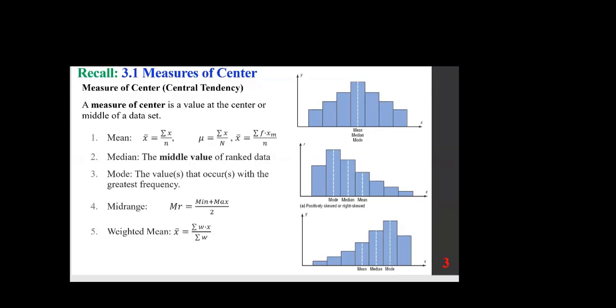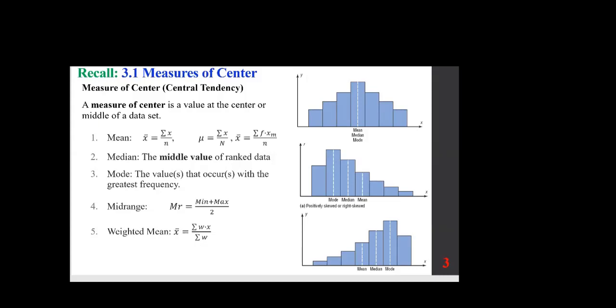Median, the middle of the ranked data, mode, the one with the highest frequency of occurrence. Mid-range is the sum of the minimum and maximum divided by 2. And the weighted mean, which is the summation of the weights times the values divided by the summation of the weights.